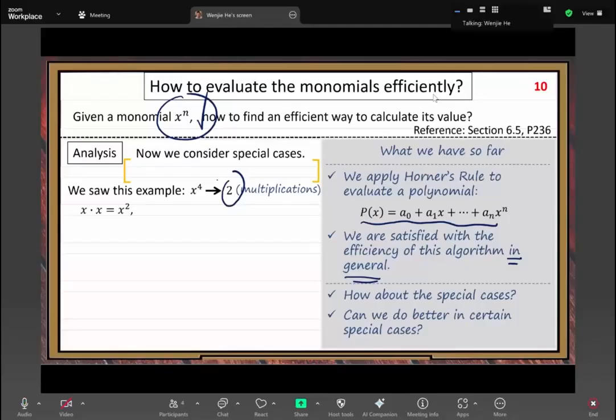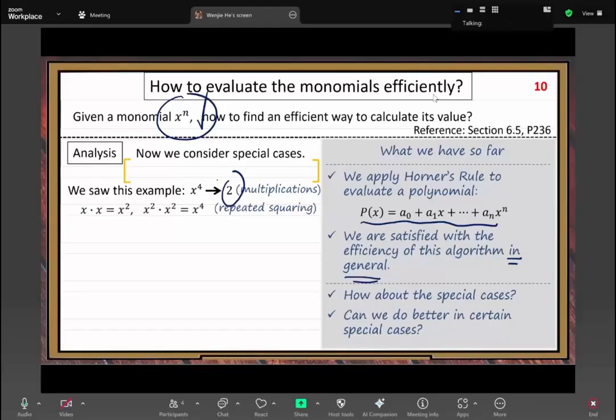The second time, x squared times x squared, is the second square operation. So we just need 2 multiplications. We call this the repeated squaring technique.